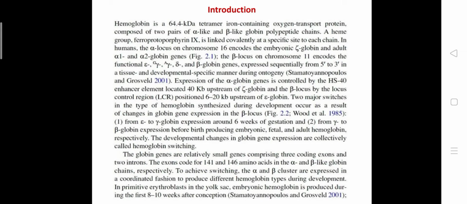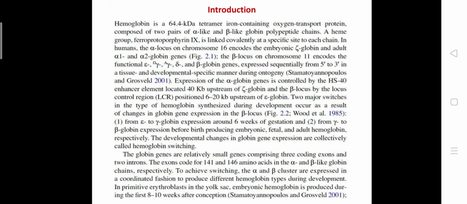zeta globin, and the beta locus by the locus control region, LCR, positioned 6 to 20 kilobase pair upstream of the globin genes. Two major switches in the type of hemoglobin synthesized during development occur as a result of changes in globin gene expression in the beta locus.